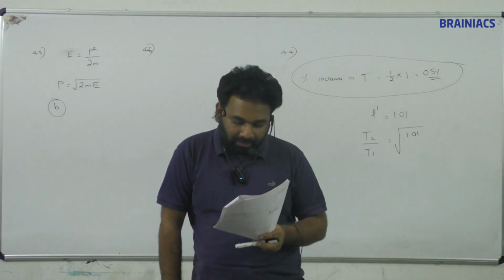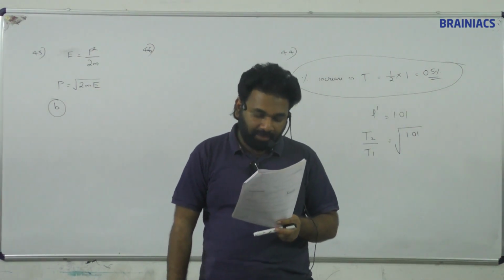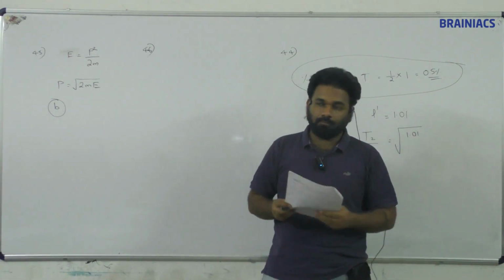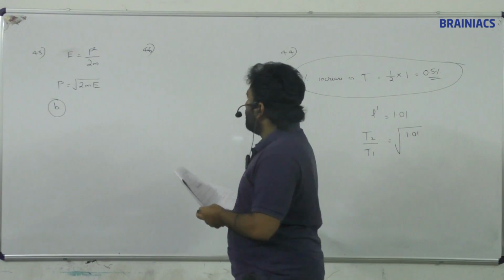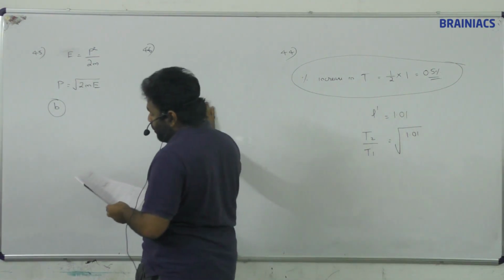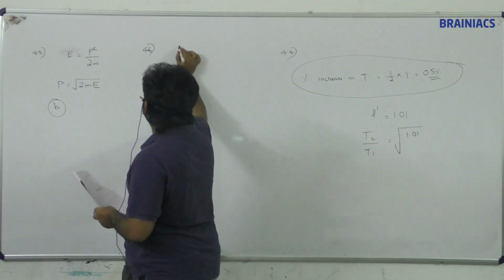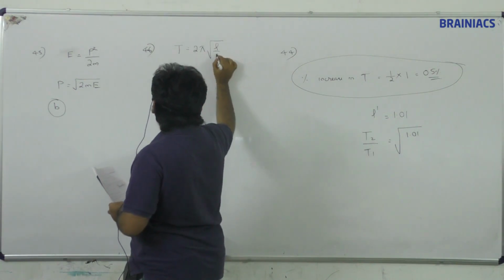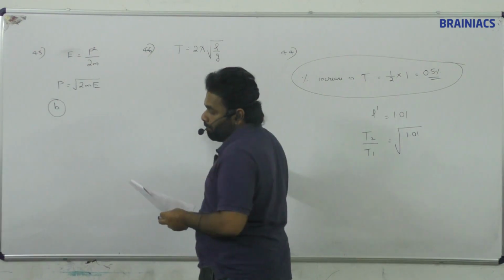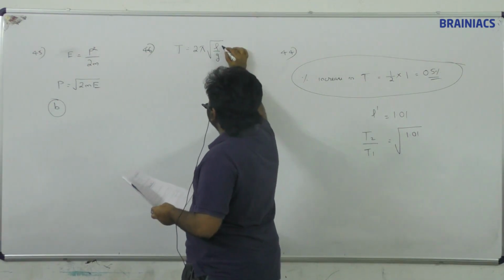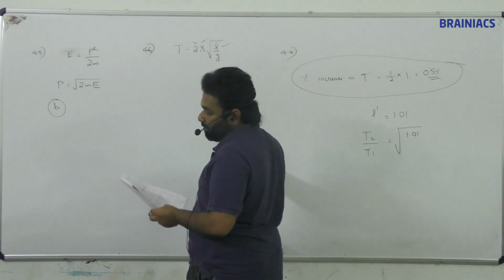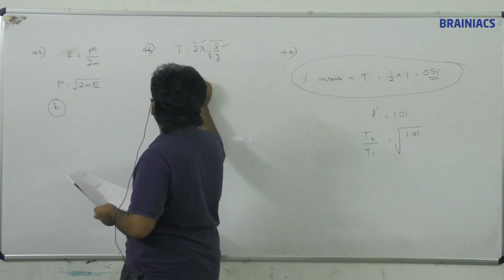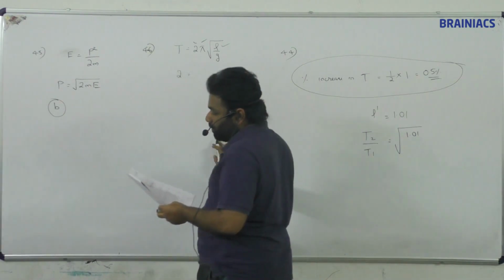The period of oscillation of a pendulum on this planet will be, if it is a seconds pendulum on Earth. So T is equal to 2 pi into root of L by g. Here L is constant, 2 pi everything is constant, and the time period, if this is a seconds pendulum, is going to be 2.